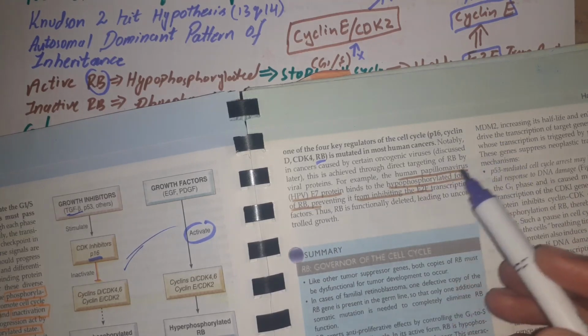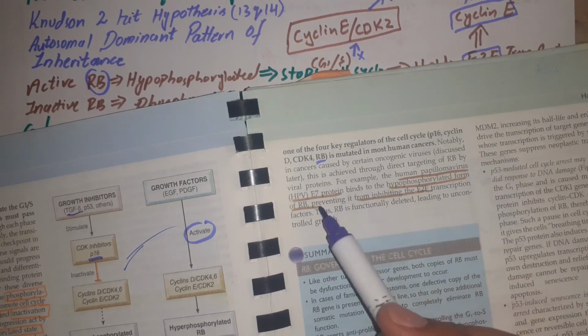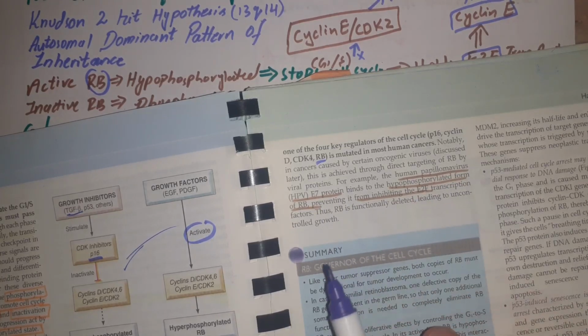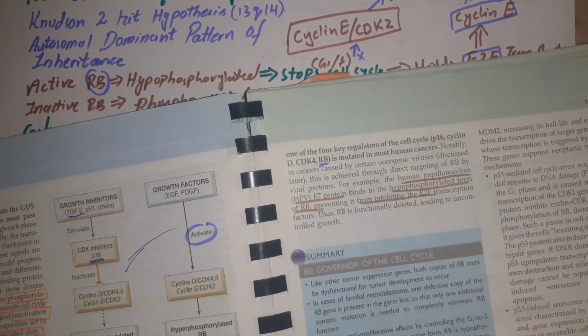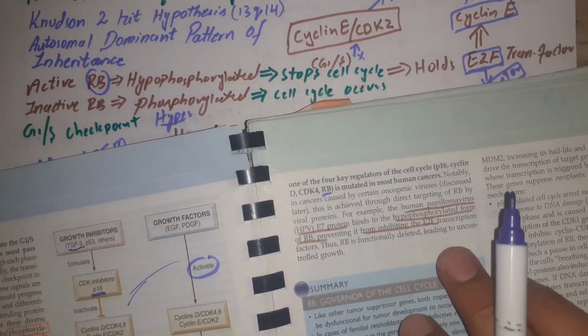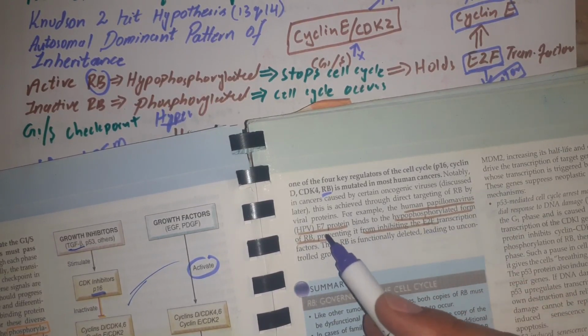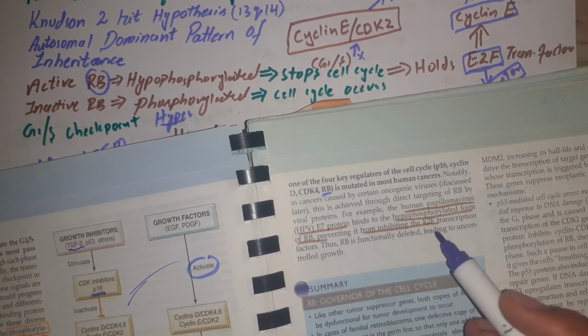For example, human papilloma virus produces an E7 protein which binds to the hypophosphorylated form of retinoblastoma and prevents it from inhibiting E2F. The hypophosphorylated form was active and it usually binds to E2F, but what happens when it binds to E7 protein? It does not bind to E2F, and then there is transition from G1 to S and the cell cycle occurs, so it leads to the production of cancer tumors. So it was all about today's lecture. Thank you.